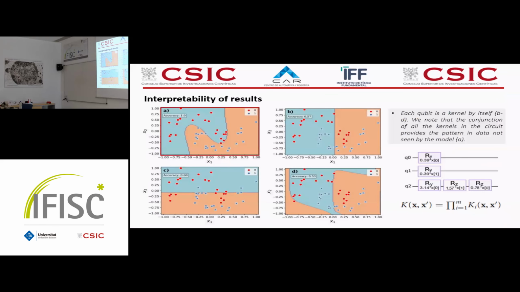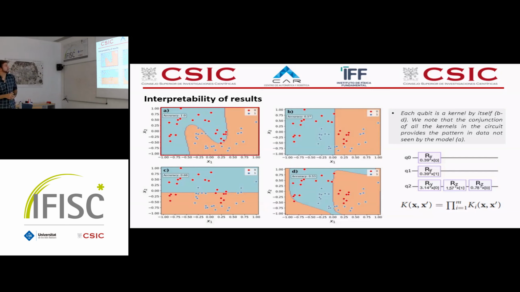So these are the results that we obtained for the test sets, and we were thinking about how to interpret these results. Since it's classically simulable and there are no entanglements here, we can take its qubits as a kernel separately and evaluate how it gives support for the mixed prediction.